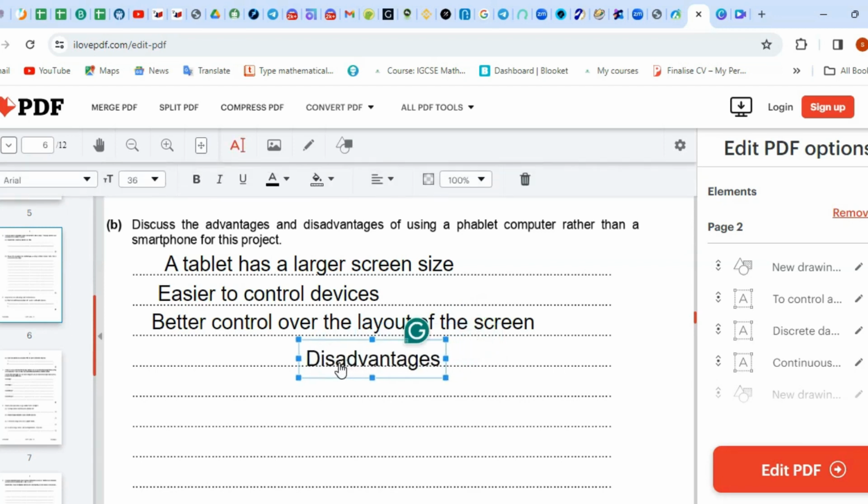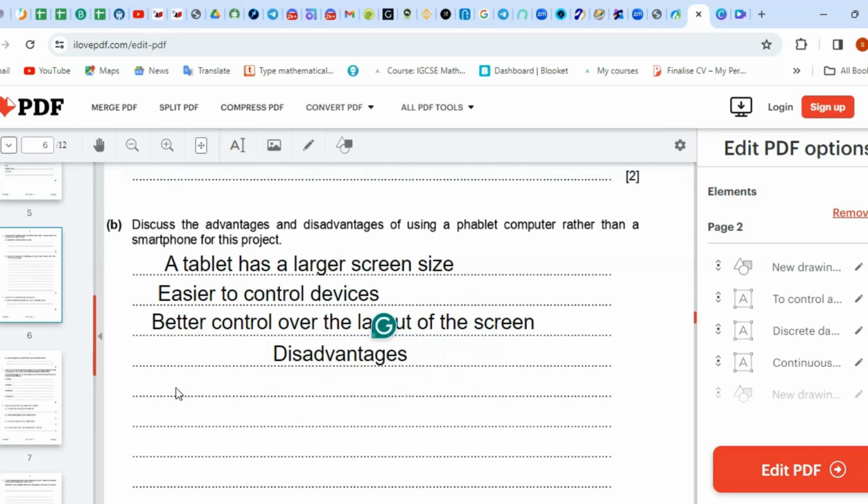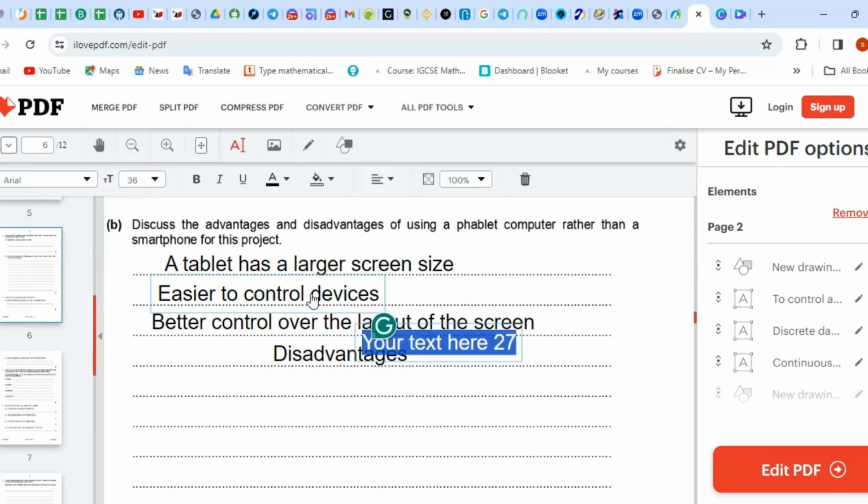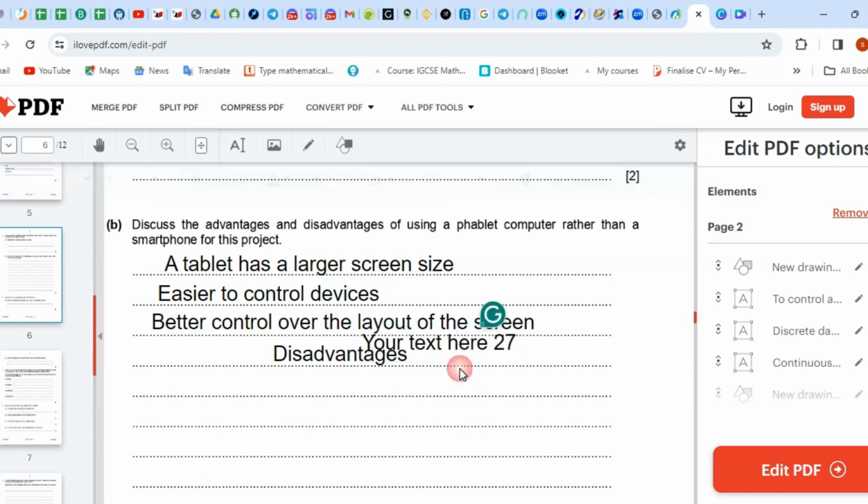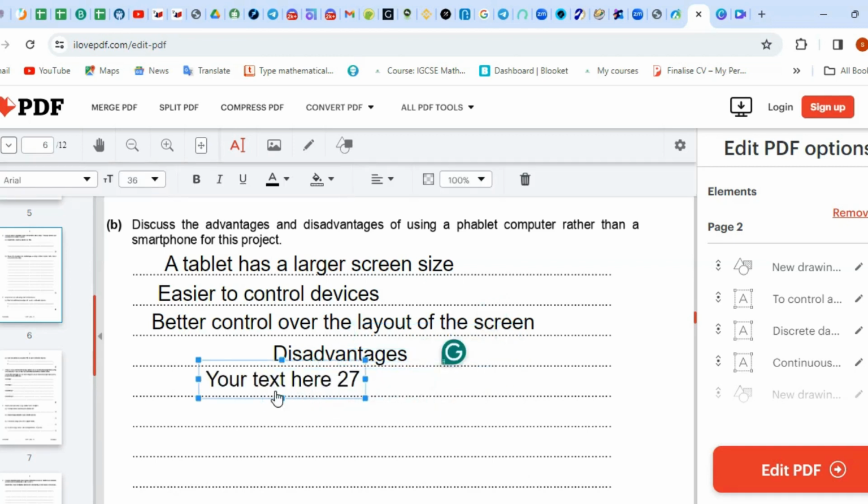Because there is nothing that has an advantage and doesn't have a disadvantage. So the first disadvantage here is what? You can tell us. Yes. The first disadvantage here is that it is less portable than a smartphone.